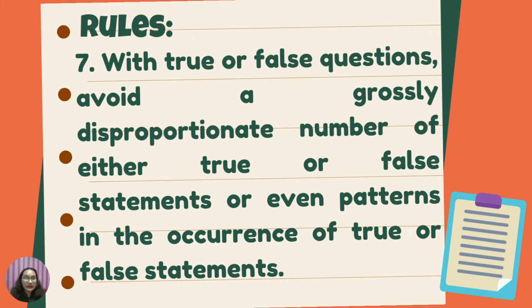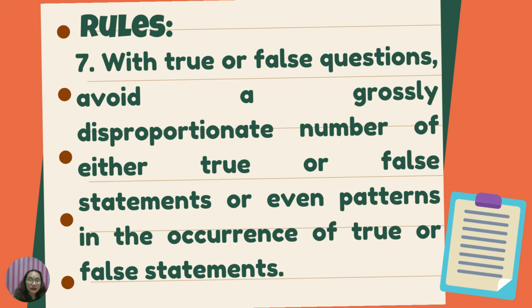Okay? And additional to this, in number 7, because most of us teachers are using this kind of test making strategy, we are unequally dividing the number of questions that the answer is true and the answer is false.